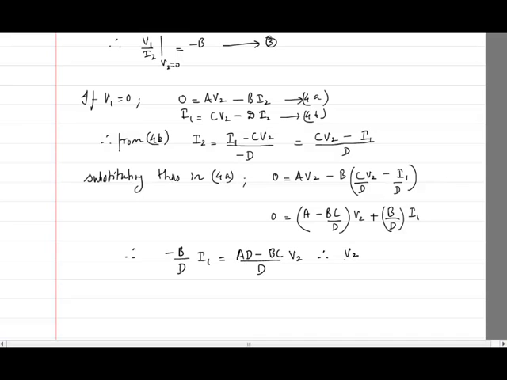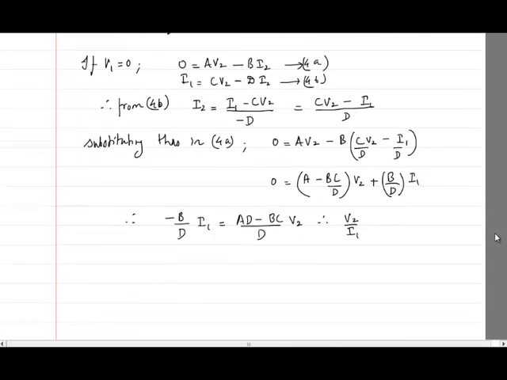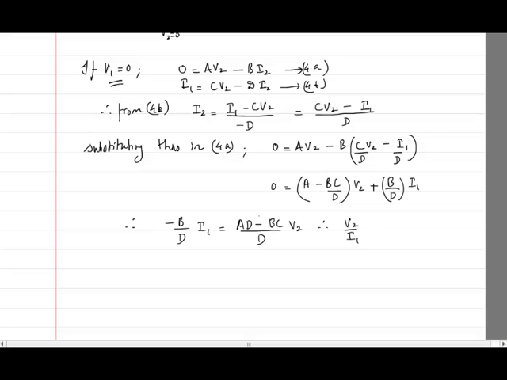Therefore, V2 by I1 when V1 is equal to 0 is, D and D will cancel off, and I will get minus B divided by AD minus BC. This is going to be my equation number 5.